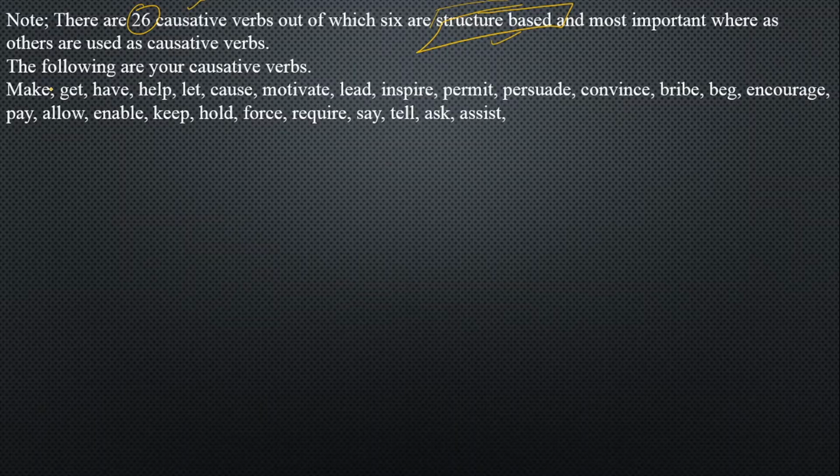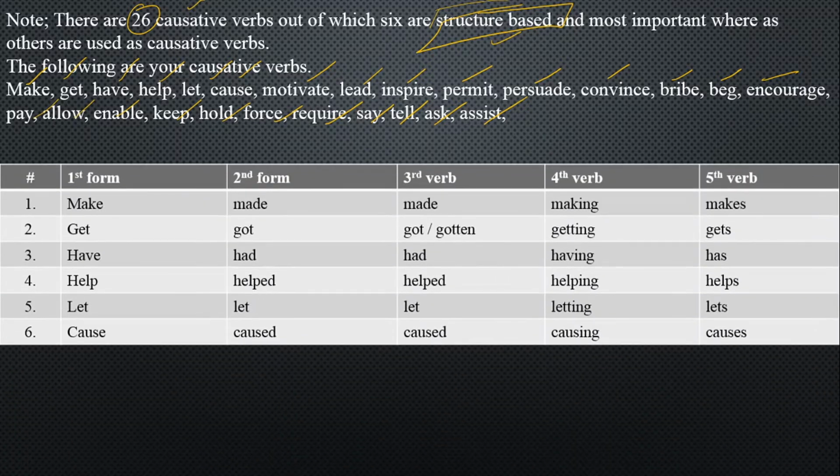And what are the causative verbs which are 26? Make, get, have, help, let, cause, motivate, lead, inspire, permit, persuade, convince, bribe, beg, encourage, pay, allow, enable, keep, hold, force, require, say, tell, ask, assist. These are the causative verbs, and we have already discussed these 6.